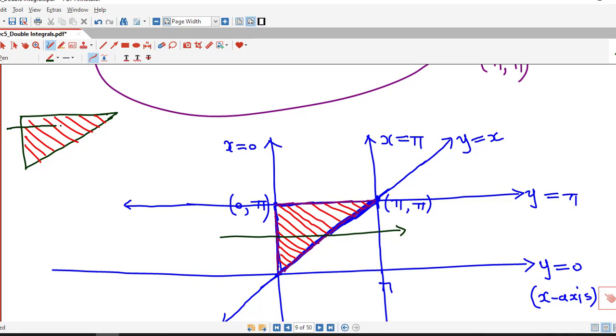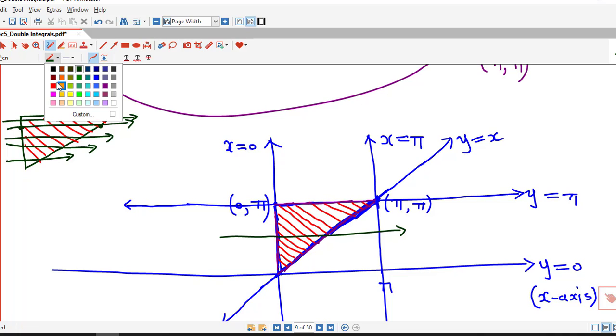If we consider horizontal line here, then it will enter on y-axis and it will leave on this line y equal to x. So if we consider horizontal line in any part of the region, it will enter on the same curve and it will leave on the same curve.